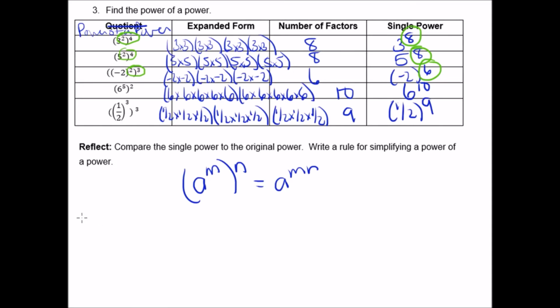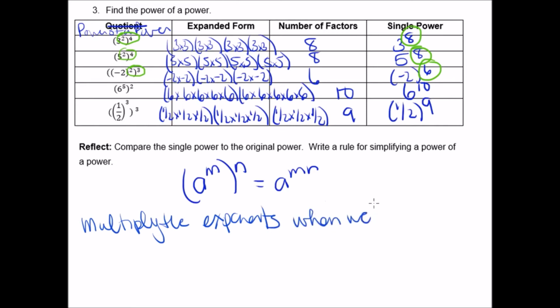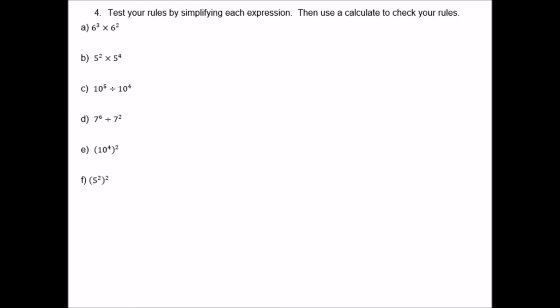So we can say multiply the exponents when we have power to a power, or of a power. And that's that rule. So let's test our rules by simplifying these expressions.